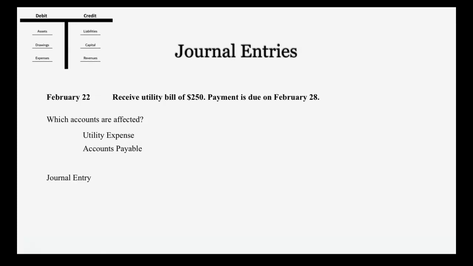So we can think about what we need to do with these accounts in this journal entry. Utility expense has to increase because we have more expenses now. So to increase an expense account, we debit that account. So we will debit our utility expense $250 for the amount of the utility bill.